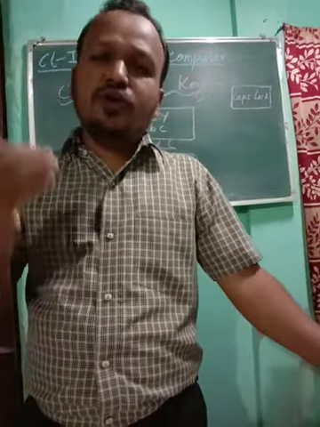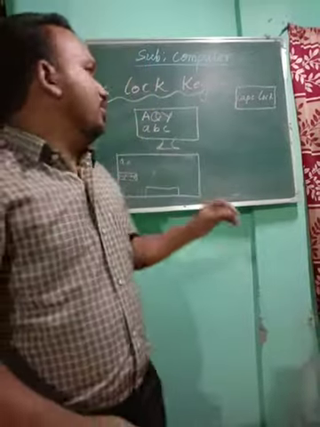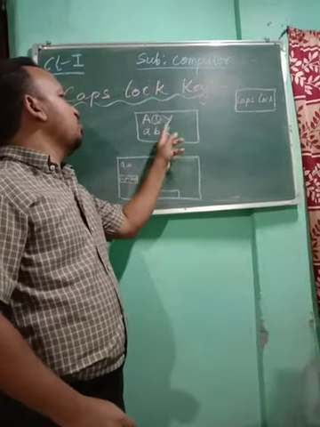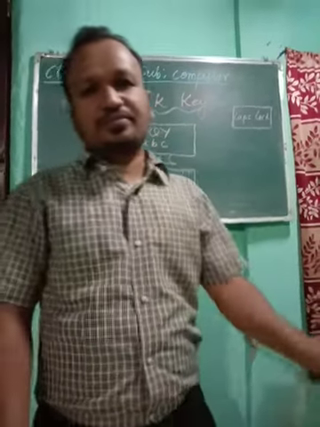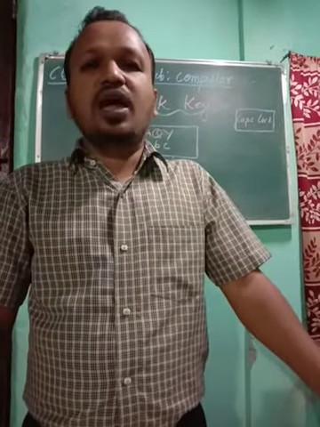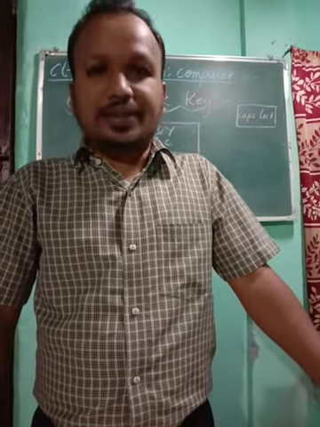At that time when you press an alphabet key, a small letter will be written on the monitor screen. So this will help you to write capital letters and small letters.